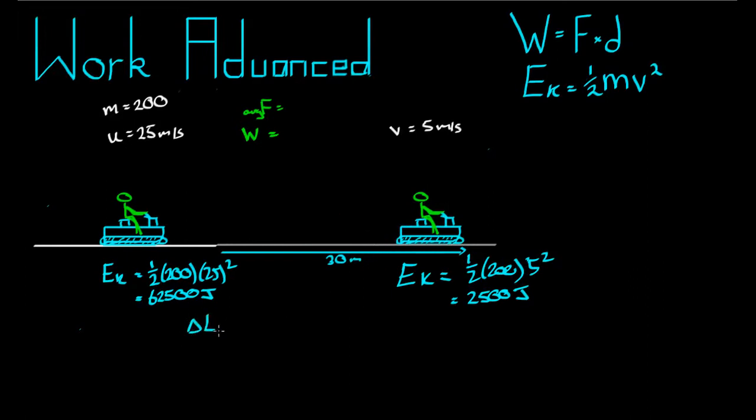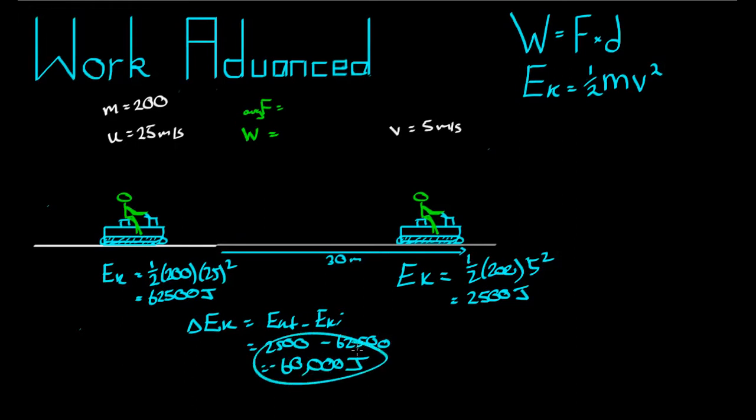The change in kinetic energy is equal to EKF, the final kinetic energy, 2,500, take away 62,500, which is 60,000 joules. Well, actually negative 60,000 joules. But what this is telling us is that the work is being done in the opposite direction to the kinetic energy.